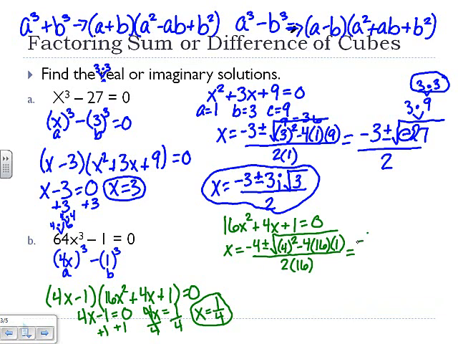So here we go. -4 plus or minus the square root of 4 squared makes 16 minus 4 times 16 is 64, all over 32, which is 2 times 16. Then 16 minus 64 becomes -48.